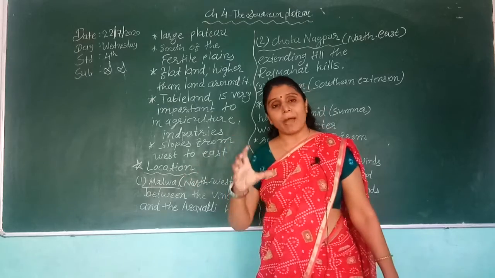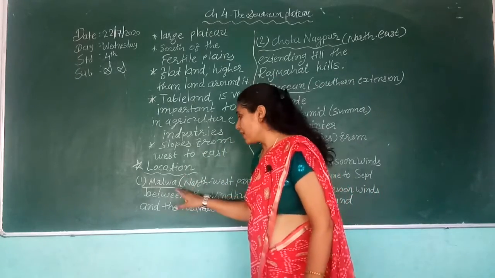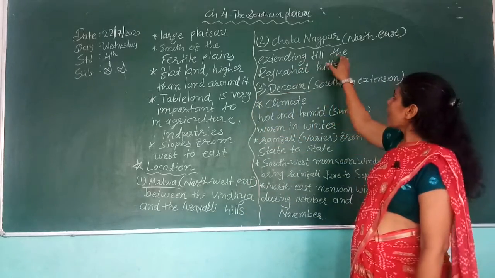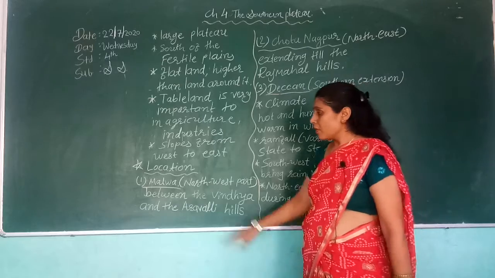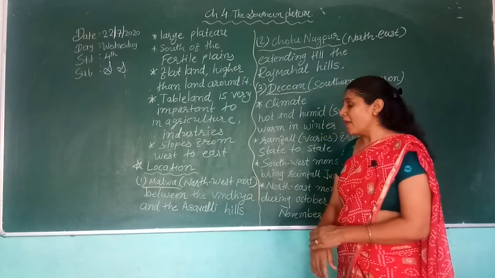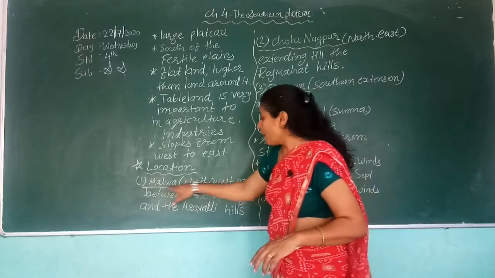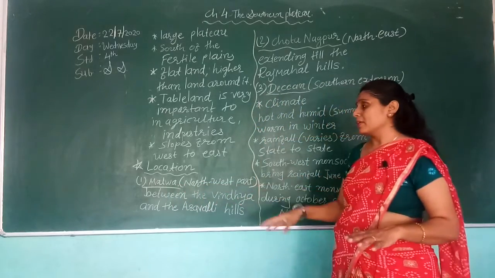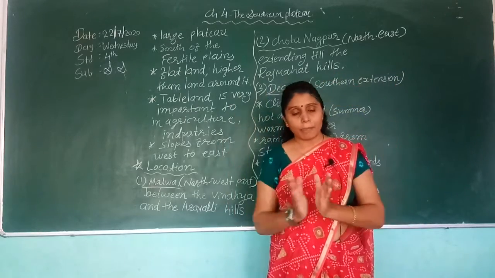There are three parts of this plateau. One is the Malwa area, the second is the Chota Nagpur, and the third is the Deccan. The first is the Malwa, in the northwest part of the Southern Plateau.